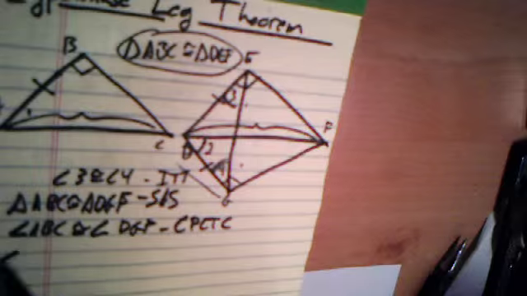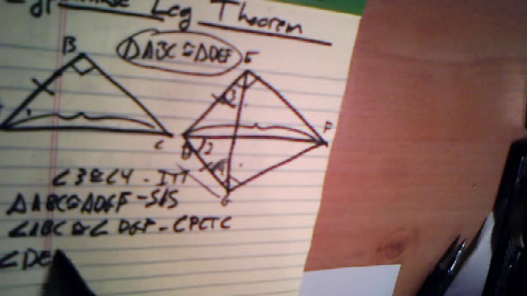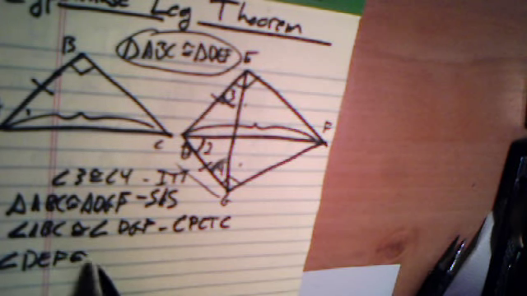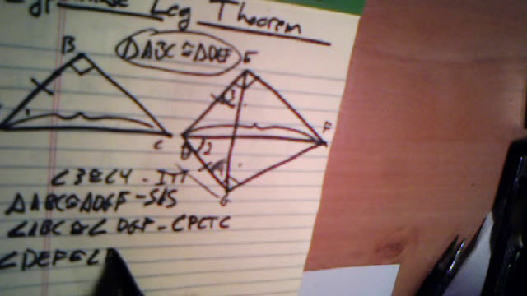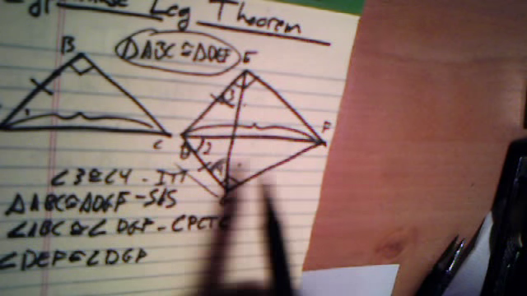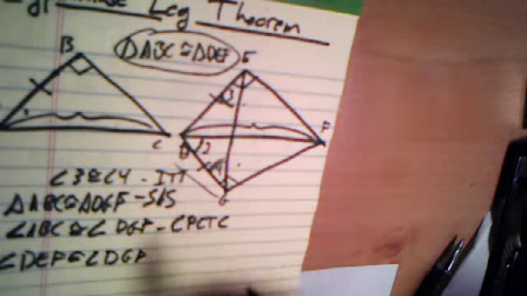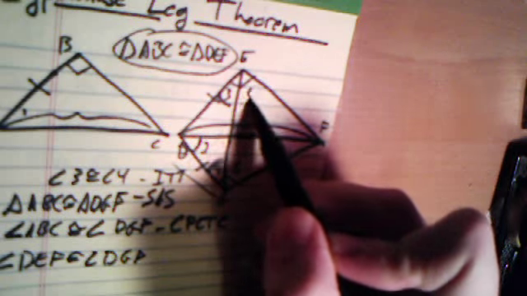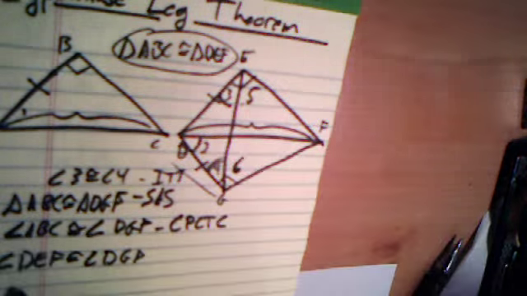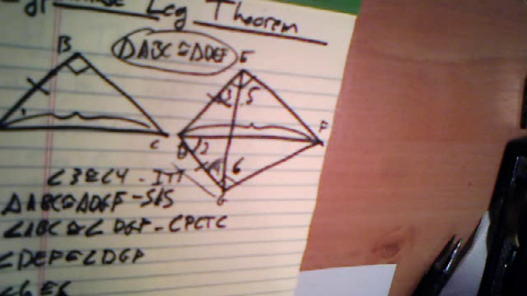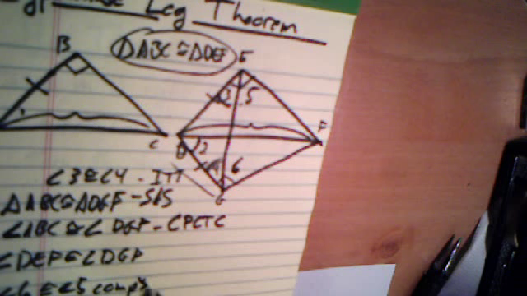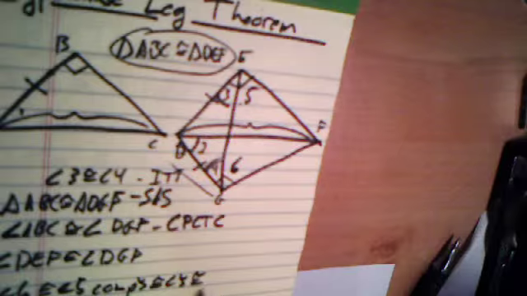So transitively, we can say that angle DEF is congruent to angle DGF. So those two are congruent to each other, and then angle 6 and angle 5. Let me get those guys congruent. Angle 6 congruent to angle 5. They're both complements of congruent angles, so they are congruent.